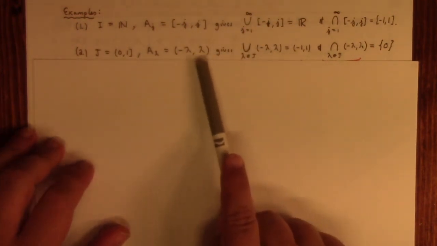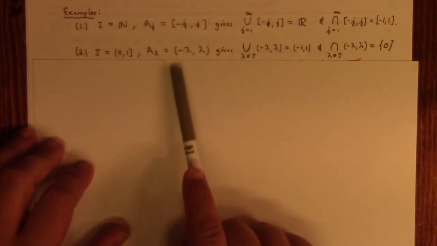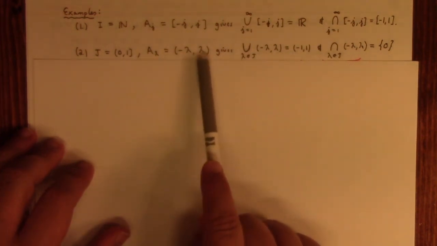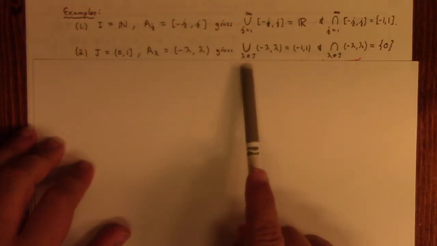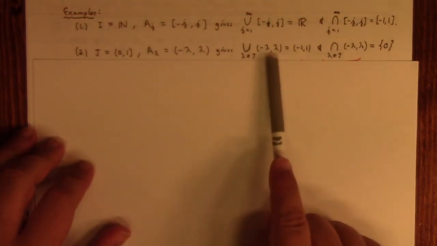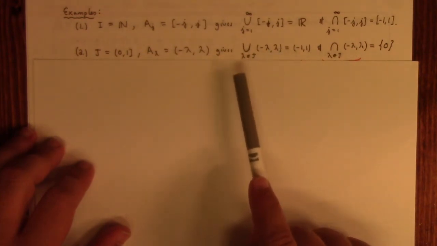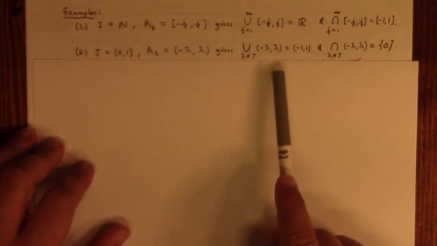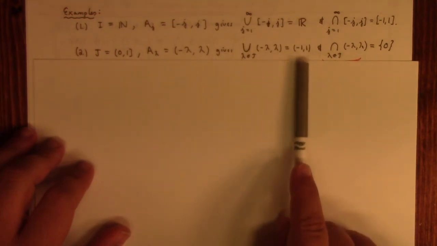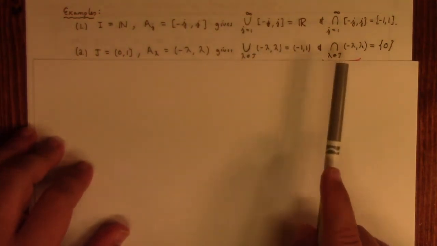Let me go on. And we'll take A sub lambda to be minus lambda to lambda, the open sets. And so if we take the union over this index set J of minus lambda to lambda, basically lambda gets as big as 1 and as small as 0. So pretty much when you get to lambda equal to 1, that's kind of the end of the road, and that gives you the biggest thing. So everything else is a subset of that one.